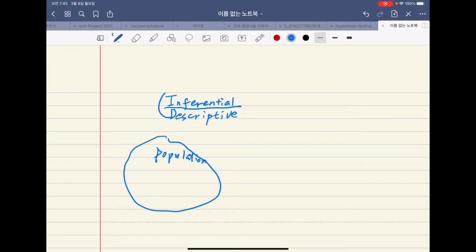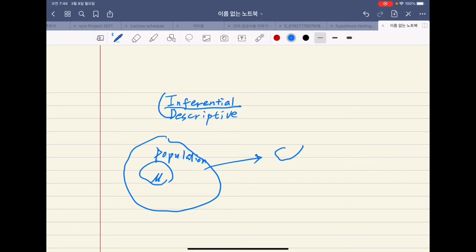For example, the population mean is denoted as mu. Now, you know that it is very hard or difficult to measure these things, the population parameter.